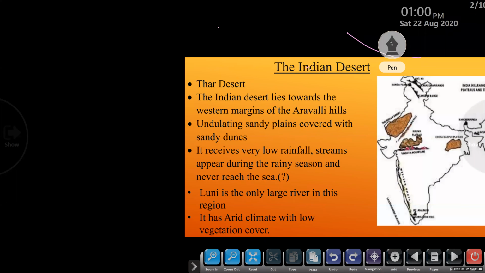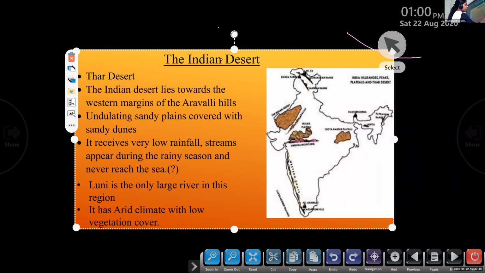Second, I'll show you the same on the map. When you look at this map, you can see this is the Indian desert. This part, this brown color, is the Indian desert. Here we have the Aravalli mountain ranges. So west of the Aravalli mountain ranges, we have the Indian desert.